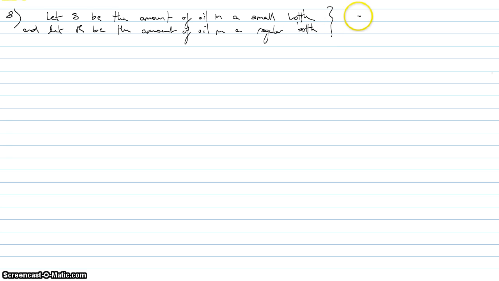From the table I know that S is normally distributed with mean of 545 and variance of 20 milliliters squared, and R is normally distributed with a mean of 1020 milliliters and a variance of 50 squared milliliters.